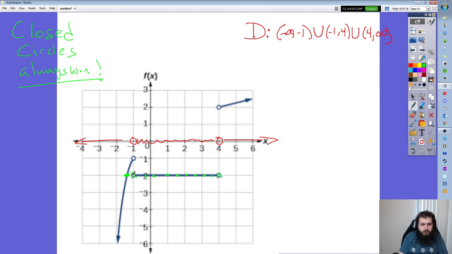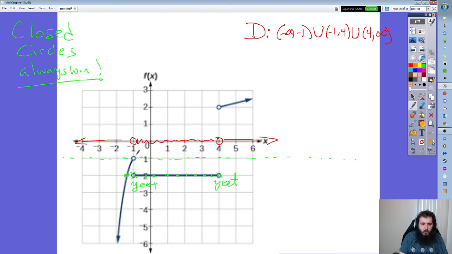So, these open circles get yeeted. And we move on. -1, there's our next open circle. But unlike the rest of them, see how -1 doesn't have any other closed circles on that latitude, that horizontal line, right?